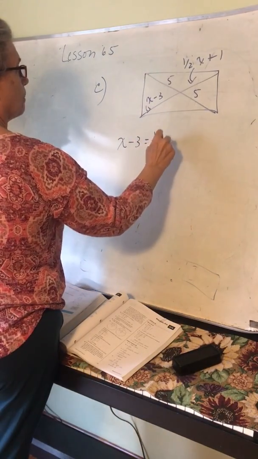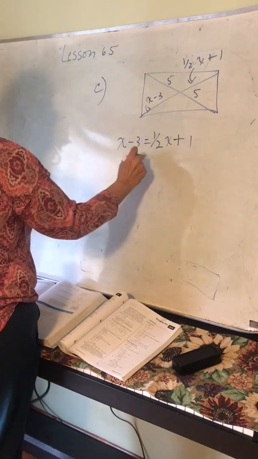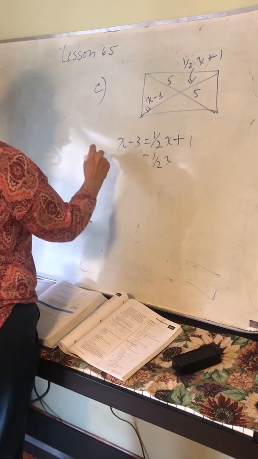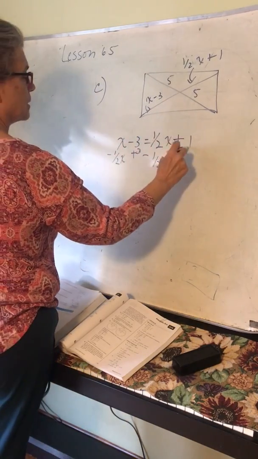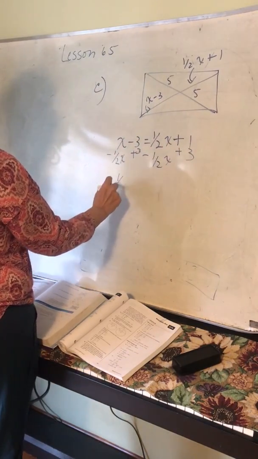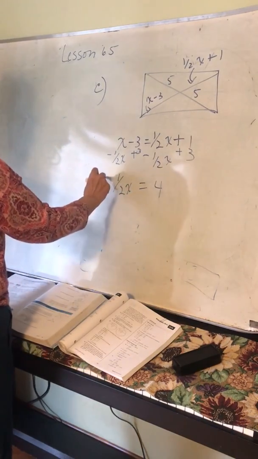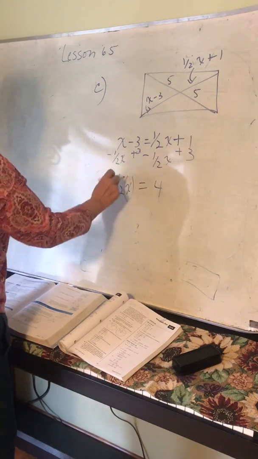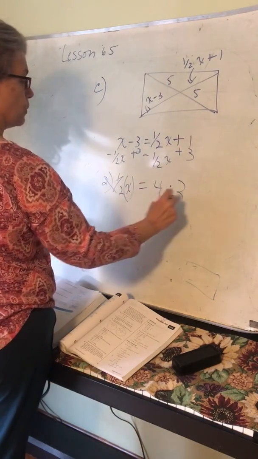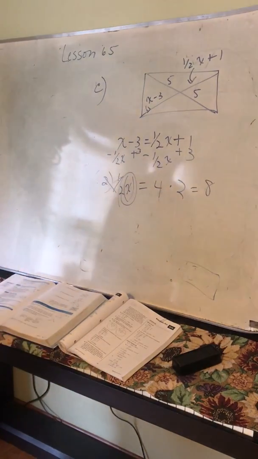And when we set it up like this, we get minus 1/2 x, minus 1/2 x, plus 3, we get 1/2 x is left, equals 4, times 2 to get the x by itself, so x is equal to 8.